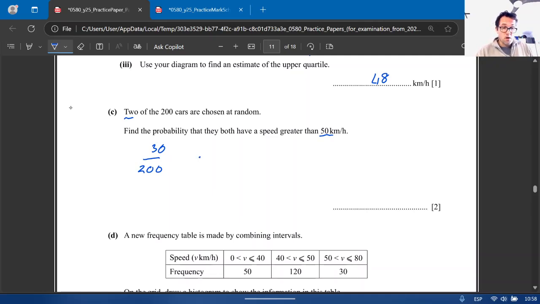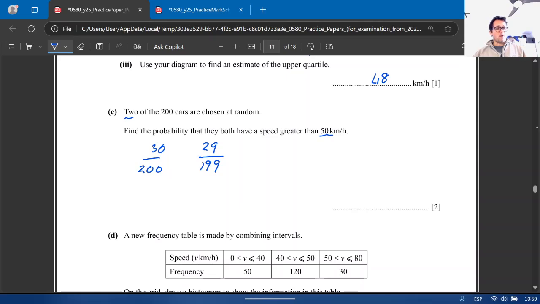Second car we're going to pick, there's less cars to pick. There's one less, only 199 left. And we've already picked one that drove more than 50 kilometers per hour. That means there are only 29 cars left. So those are our 2 cars that we picked, and they both drove more than 50 kilometers per hour.